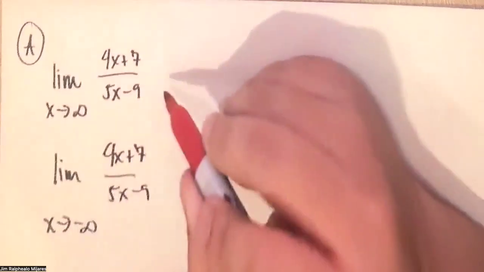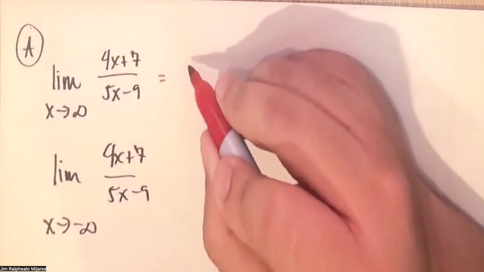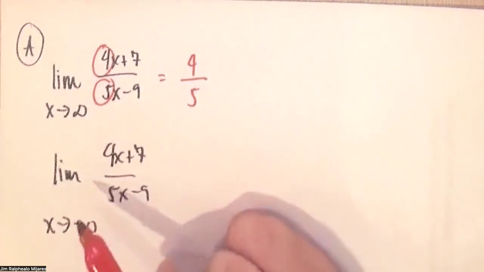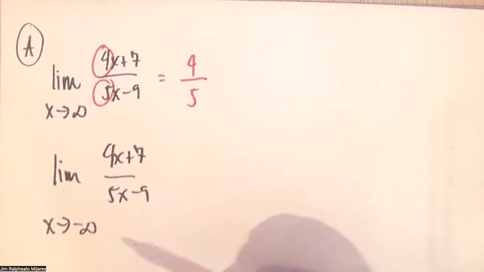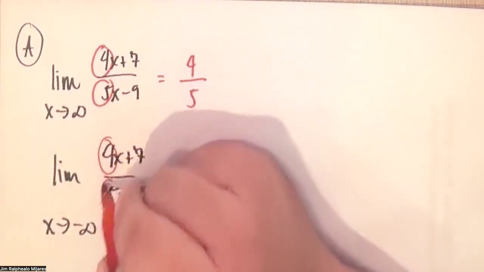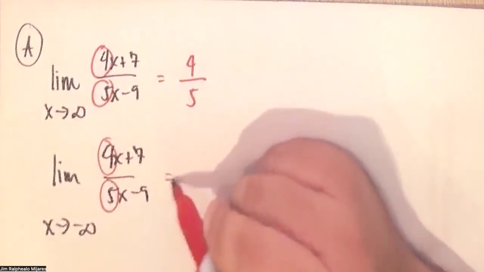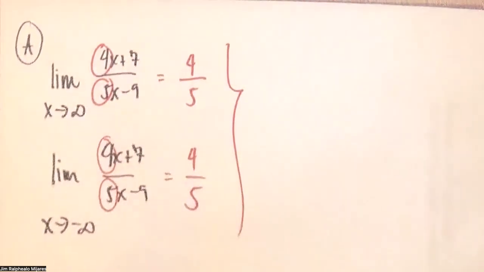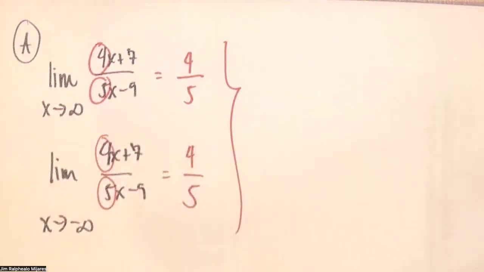So we do the shortcut. This should be equal to 4/5. Similarly, same function, but this time x approaches negative infinity. And as we learned, it doesn't matter. It's still the coefficient of the highest degree, which is 4/5. Okay? That's it.